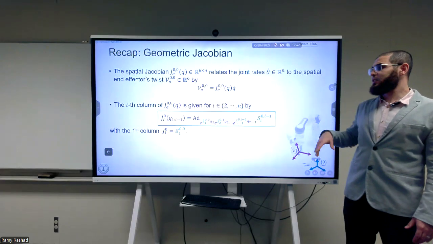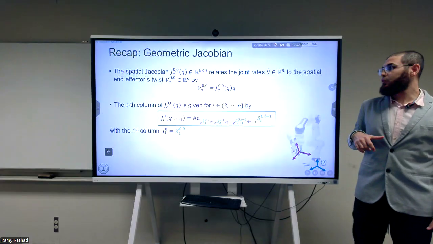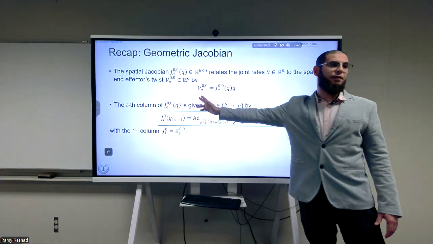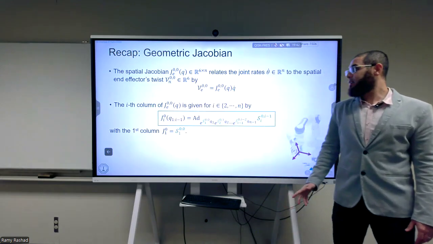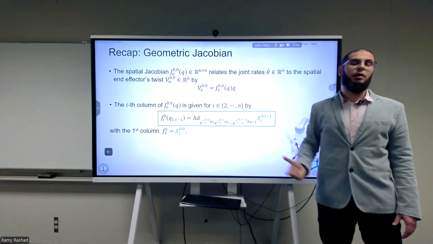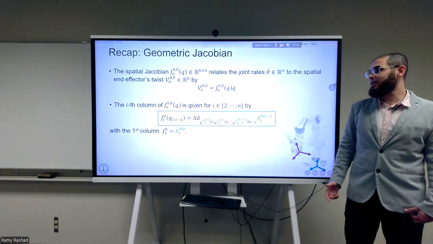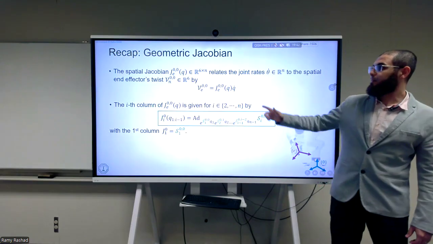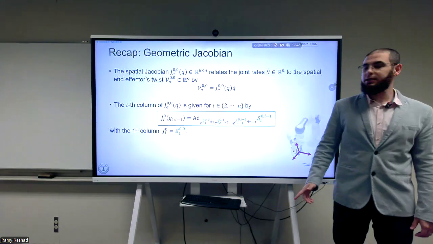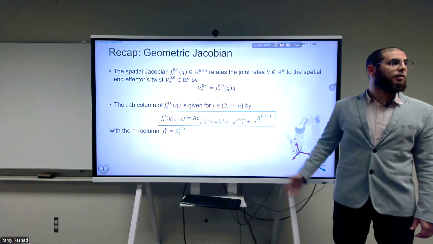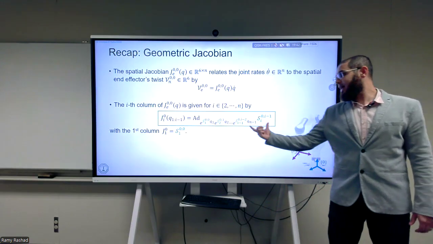The differential kinematics is the differential of this map, and it was given from q dot to the end effector twist. And we said that this map is given by the geometric Jacobian. The geometric Jacobian is a 6 by n matrix, where every column has this shape.